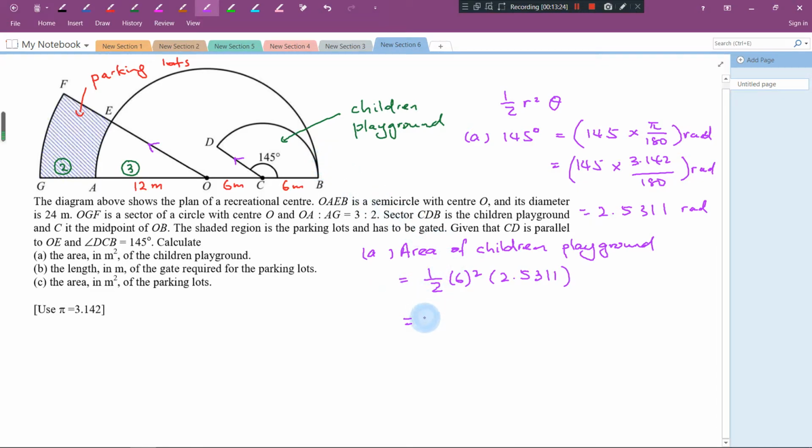Okay, well, long decimal, we can just give the answer correct to 4 significant figures, which is 45.56 square meters. So if you don't want to use this formula, you can use another formula which you learned before.